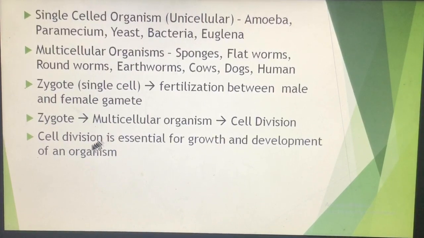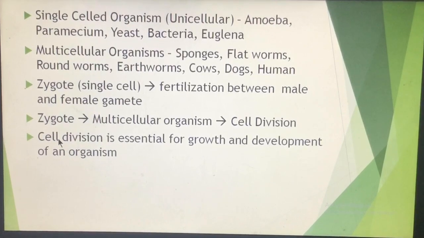That means cell division, why does cell division occur? Cell division is very important and essential for the growth and development of an organism. So cell division is a very important part of the body of an organism.